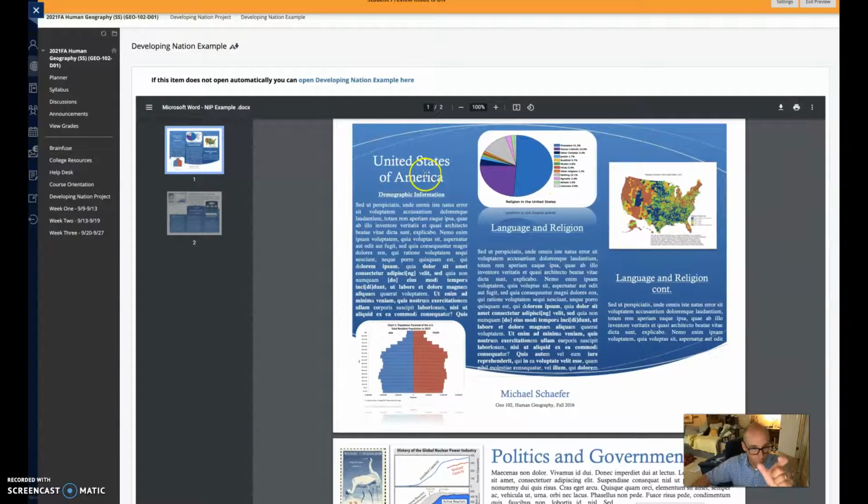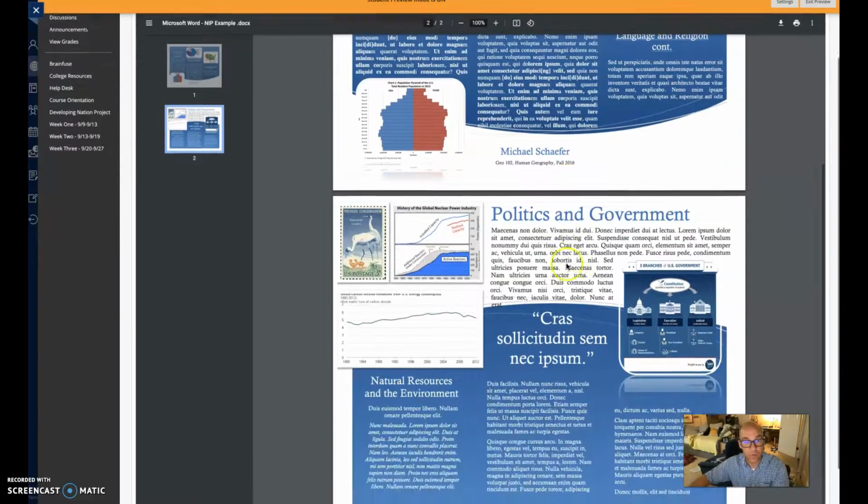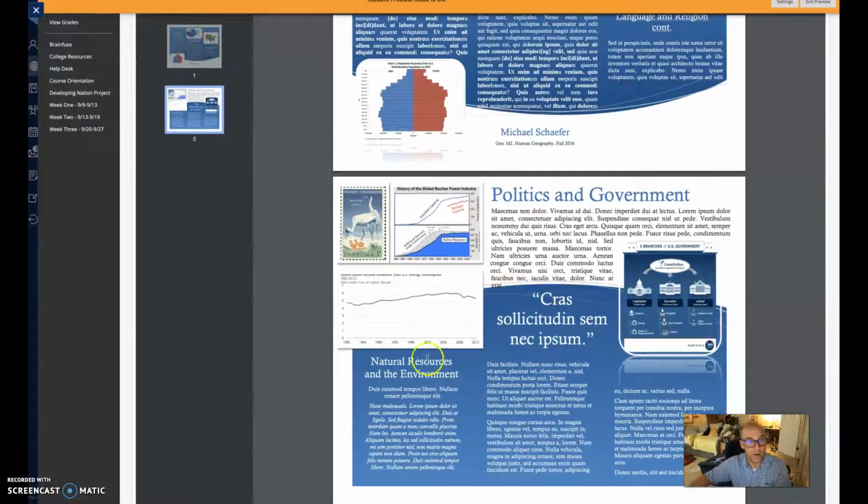I've got one column on demographics, one on language and religion. If you scroll down, I've got a section on the environment and resources, and then politics and government. So I've some information on each of those topics. The kind of information that goes in sort of the body paragraphs there, that's the information from your annotated bibliographies. You've done the research, now you're pulling it together.